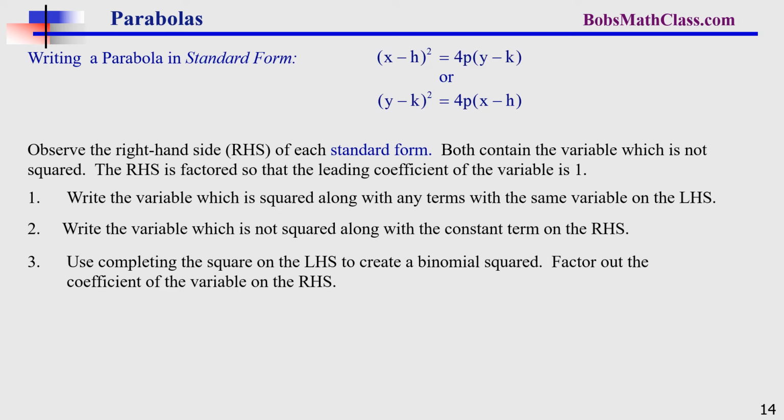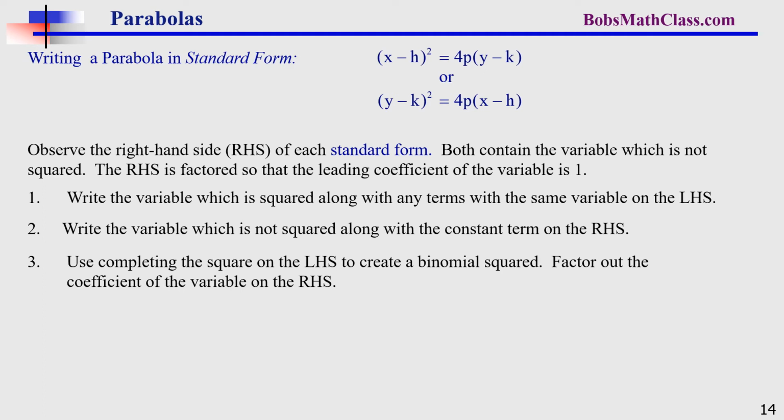If it's y squared, put it on the left. And then put any other same variable terms on the left along with it. Number 2, write the variable which is not squared along with the constant on the right-hand side. So the variable that's not squared goes on the right-hand side along with a constant if we have one.